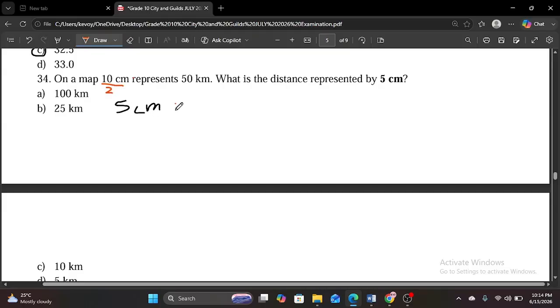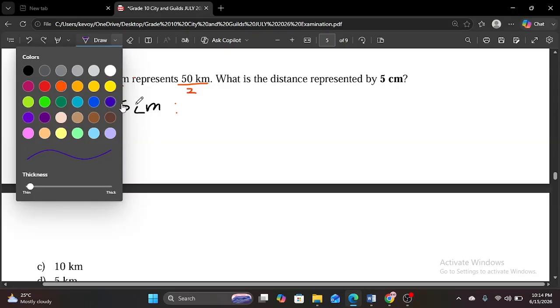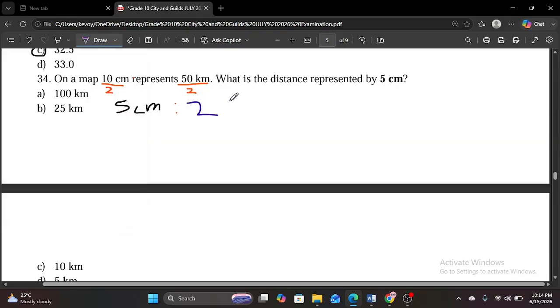So that means that I would do the same thing for the 50 kilometers. If I divide that by 2, 50 divided by 2 is going to be equal to 25. So my answer is going to be 25 kilometers.